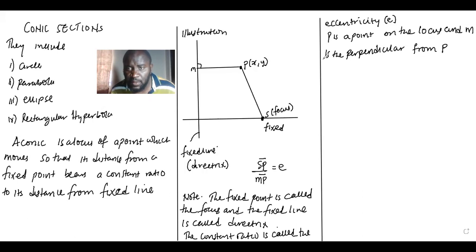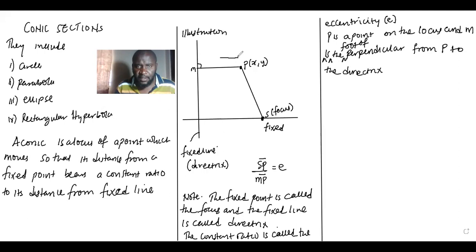M is the foot of the perpendicular from P to the directrix. So if M is the perpendicular from P, which meets the directrix, remember this is the directrix, then that is what we are calling our M.